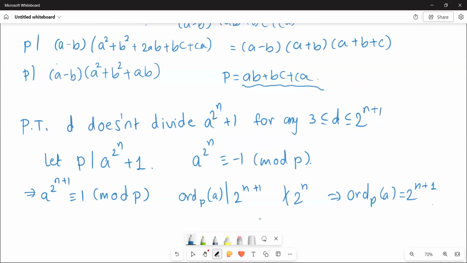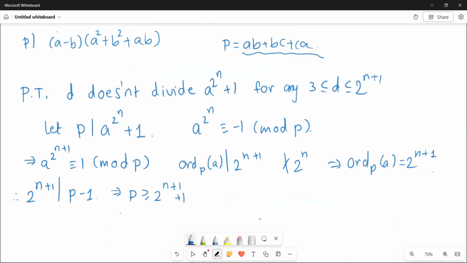And by Fermat's little theorem, we can say that 2 to the power n plus 1 must divide P minus 1. And so P should be greater than 2 to the power n plus 1. And this happens for any prime P which divides this quantity.